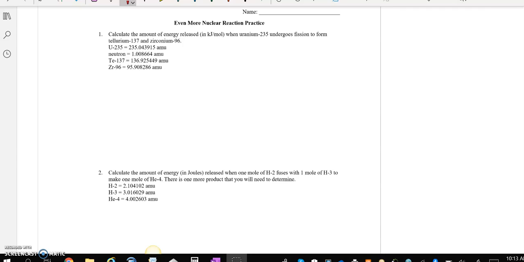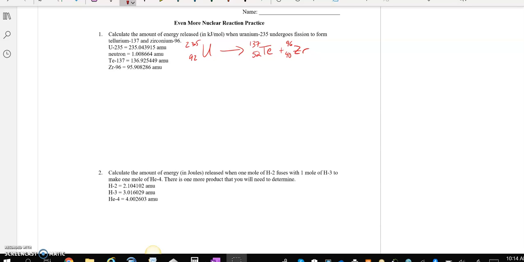We need an equation to start with. So we've got our uranium-235, mass number 235, atomic number 92, forms tellurium-137, atomic number 52, and zirconium-96, atomic number 40.